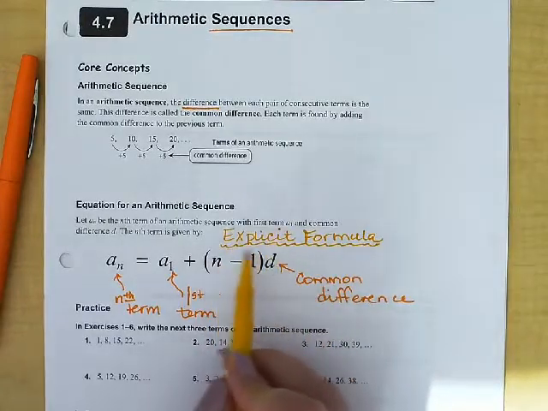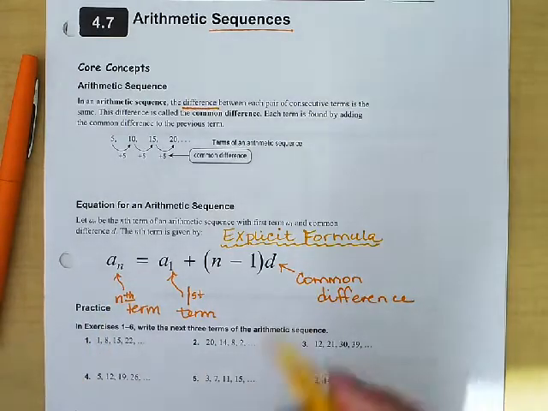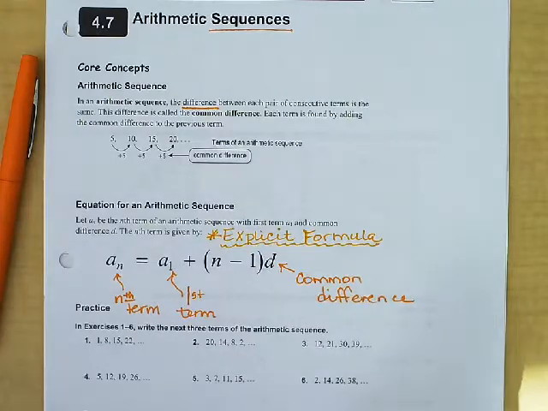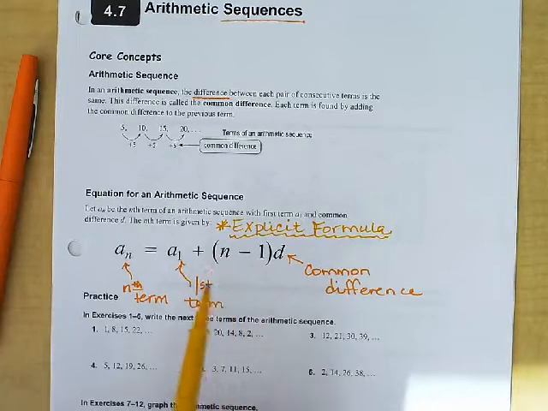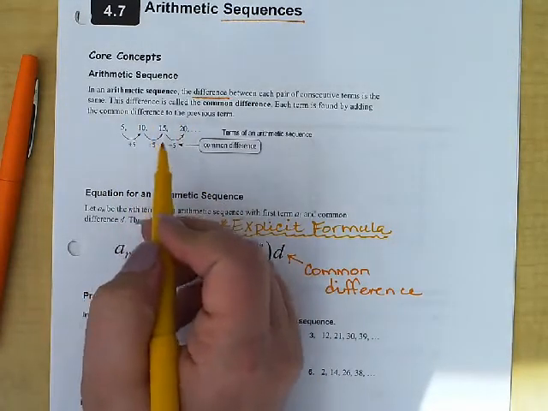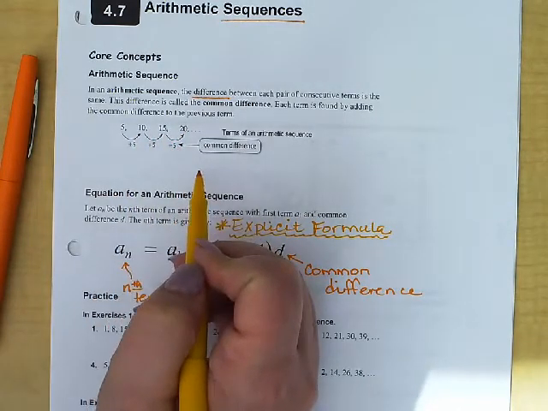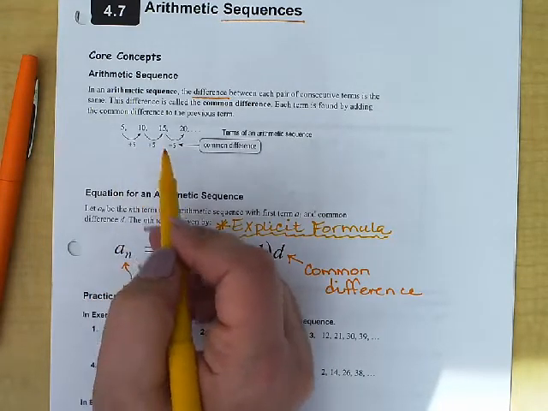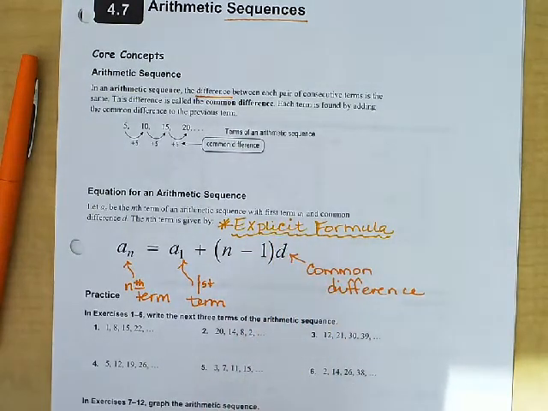It's called the explicit formula because it lets me find any term in the sequence, way down the line. The reason I'm starting to emphasize that is because after today's lesson, we're going to learn a different formula called the recursive formula, and there will be a recursive formula for the arithmetics and the geometrics. So in other words, an arithmetic sequence can be described by an explicit or a recursive formula, and same thing with the geometric. The ones that you have learned so far are what we call the explicit formulas.